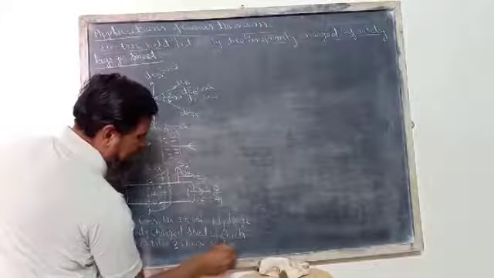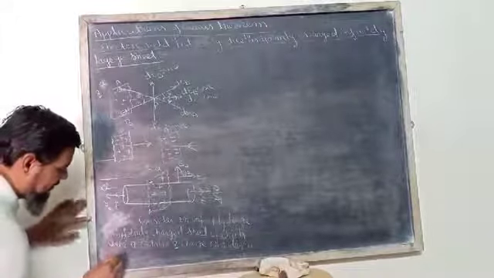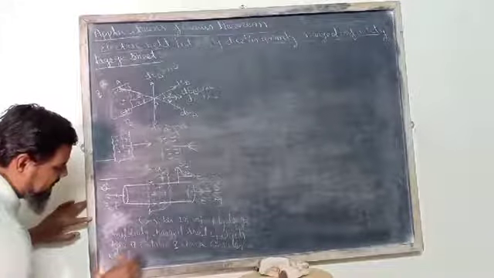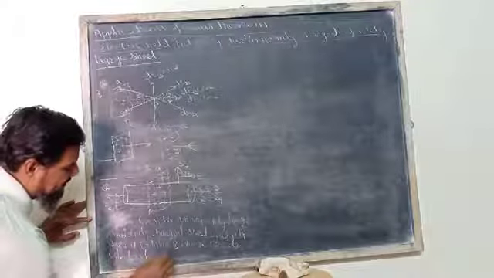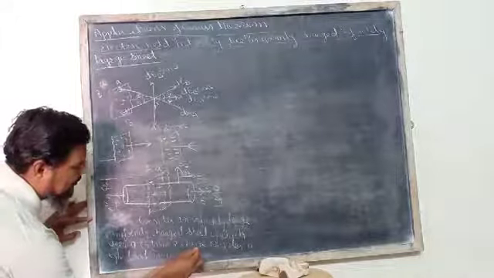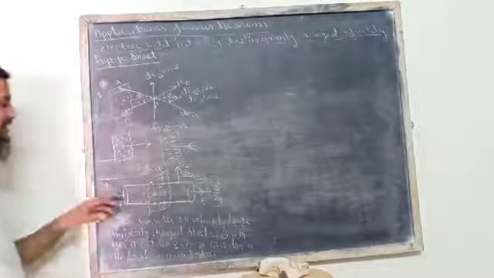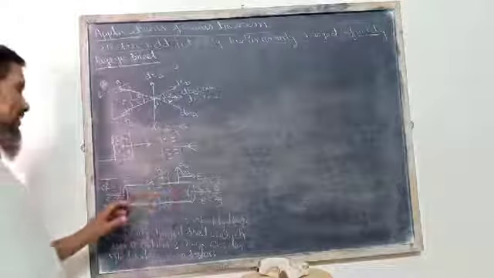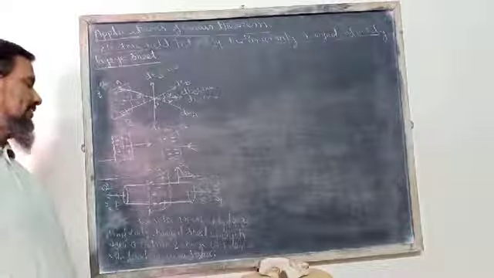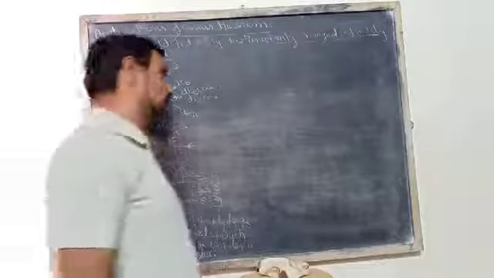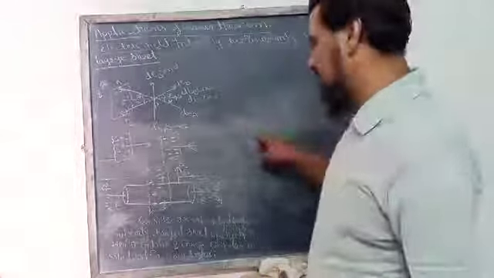Consider a cylindrical Gaussian surface. This is the Gaussian surface, and a Gaussian surface is always a closed surface, and it has electric field intensity at its every point. These are the two conditions for the Gaussian surface.